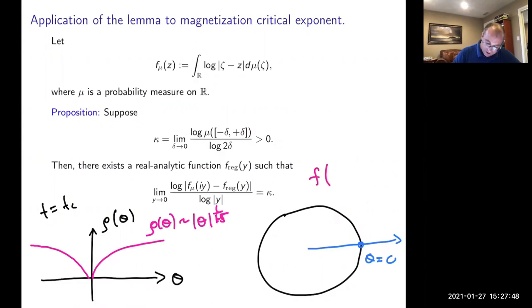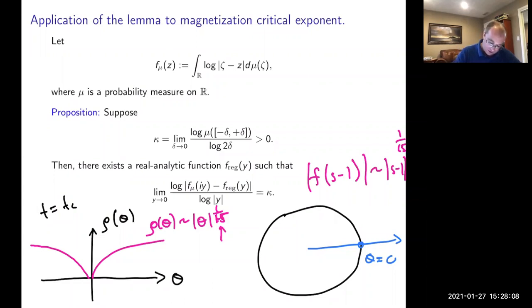F of S minus 1 is like S minus 1 to the 1. Well, so this actually 1/15th is not the pointwise dimension because you need to integrate.